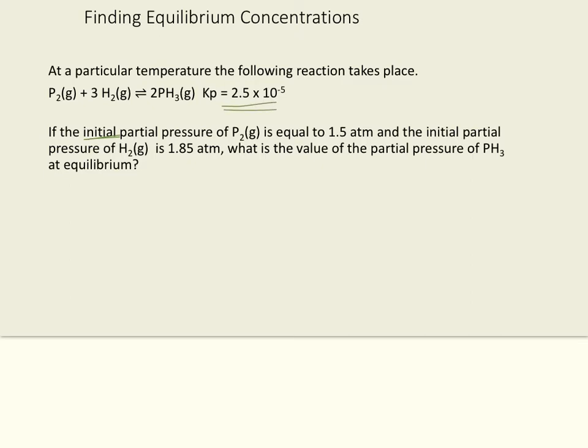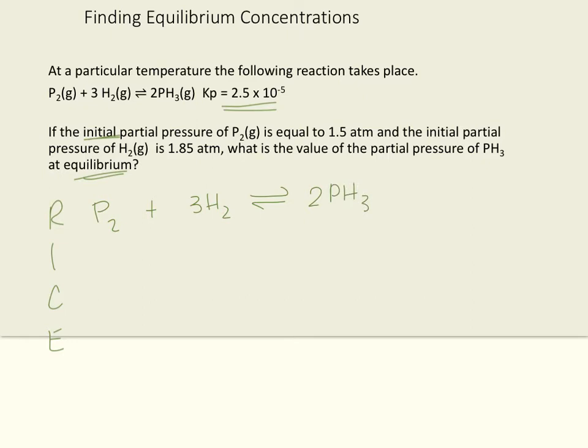And I need to know an equilibrium. So that means I have a RICE table that I need to make. So it's going to be RICE: reaction, initial, change, and equilibrium. So the reaction is going to be P2 plus 3H2 goes to 2PH3.